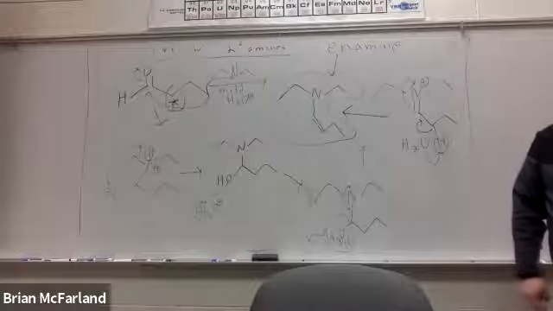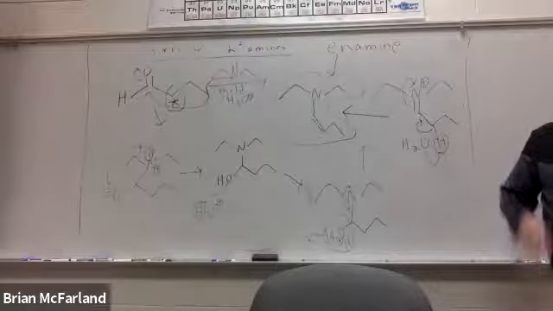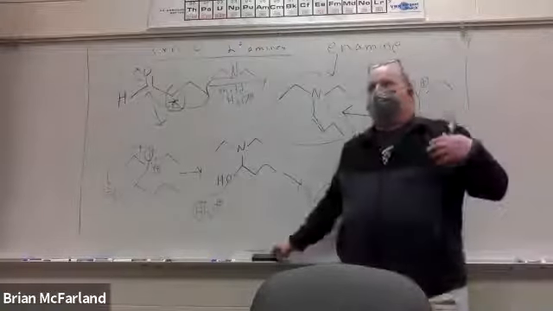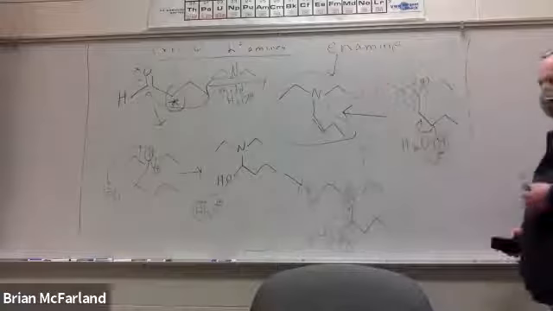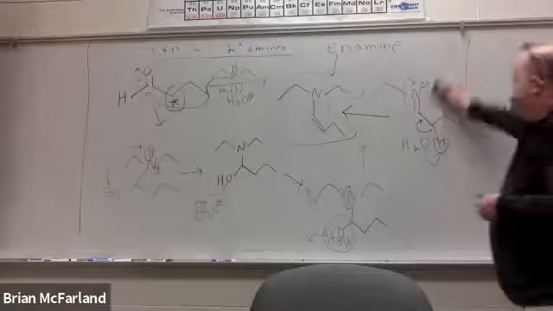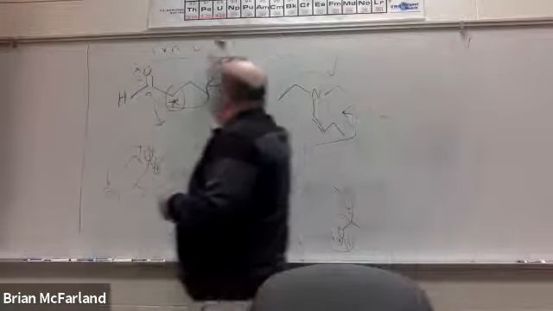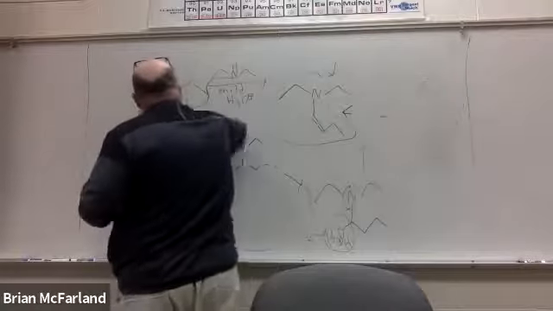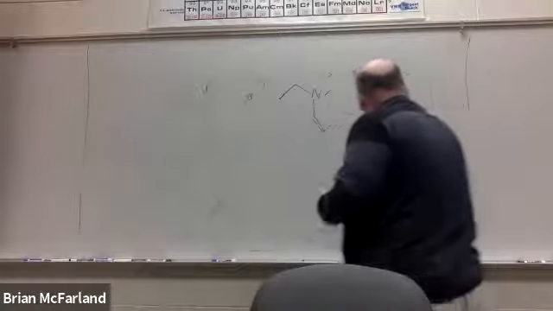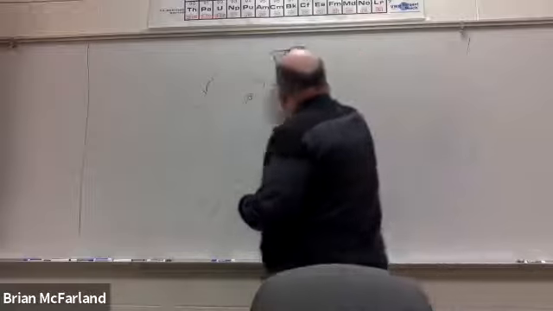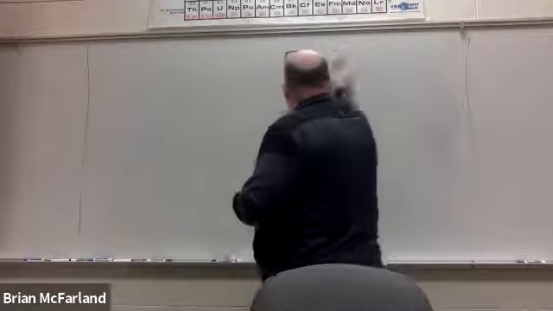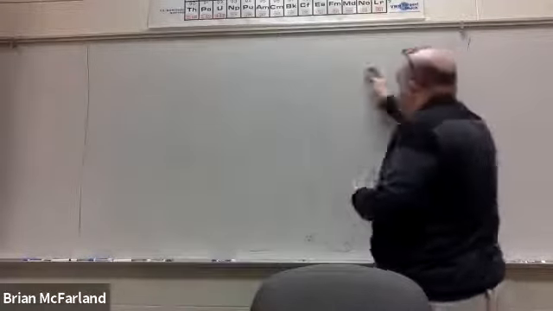Okay, does that make sense? Again, predicting the products of imine and enamine reactions is actually pretty easy once you get some practice. And you can do it without even going through the mechanism, although I still want you to learn it.